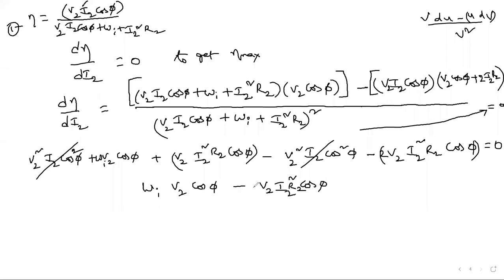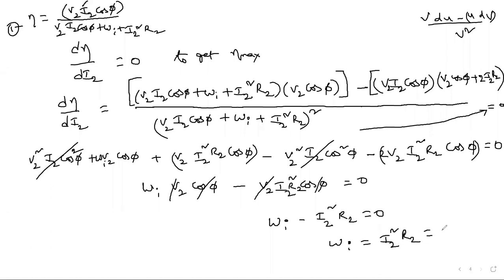So 1 minus 2 in the sense minus 1, right? Equal to 0. Now again, from these two expressions, we can take common factor of V2 cos phi. Then it will be Wi minus I2 square R2 equal to 0. Wi is equal to I2 square R2.